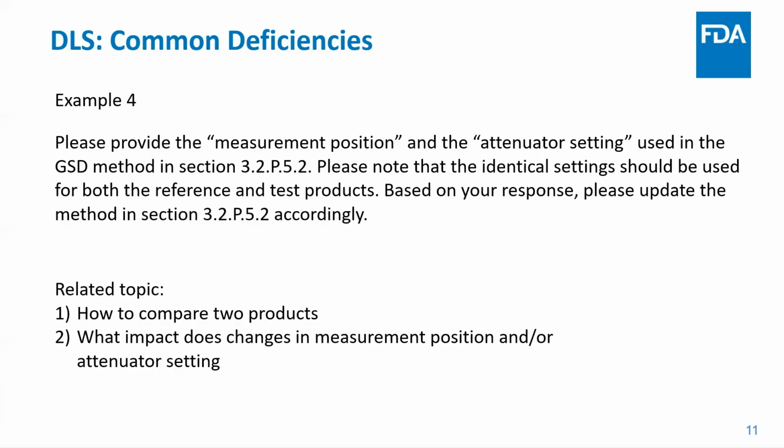So if the goal for the applicant is to compare product to product, it's really better for them to fix the conditions for comparison. Otherwise, you may have two products that show the same size, but actually have different concentrations because one product has more process loss. If they fix the measurement conditions, position and attenuator setting, that concentration effect will show up as a difference, but otherwise you are just measuring the size value.